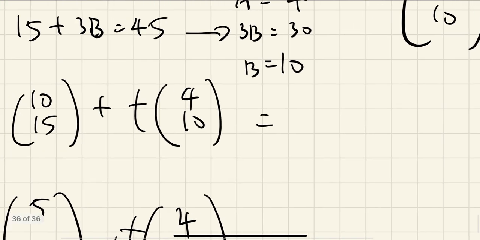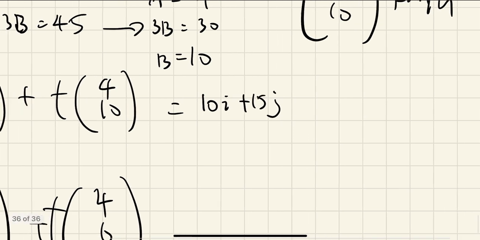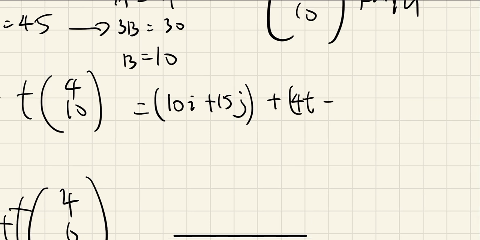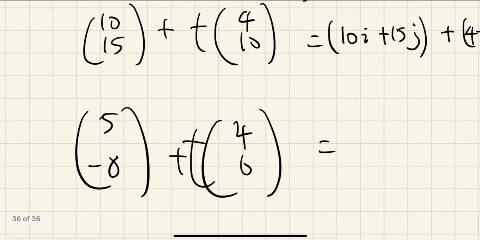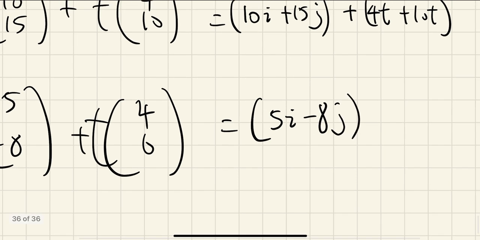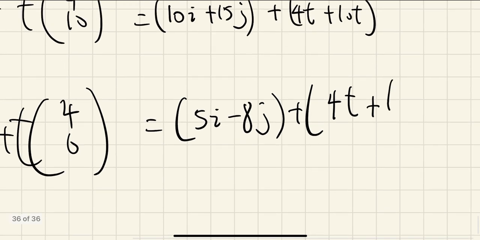You can do 10i plus 15j plus 4t plus 10t, and for B, 5i minus 8j plus 4t plus 6t. Boom.